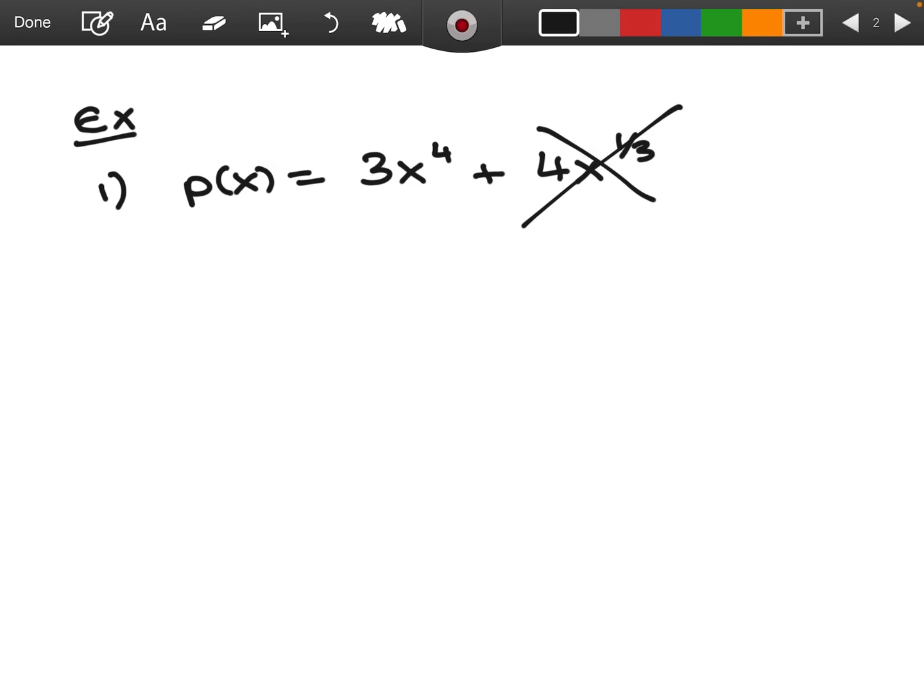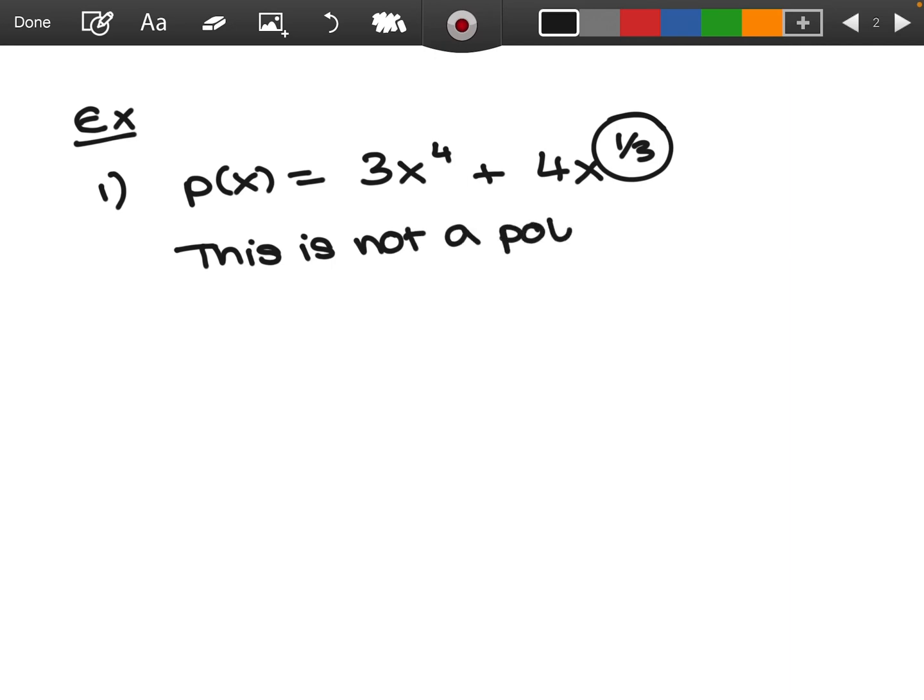I have something of the form constant times x to a non-negative integer power, so that would be fine. But my issue I have is this term at the end here, where I have an exponent that is not an integer. It's non-negative, but it is not an integer. So this whole thing is now not a polynomial because I have at least one term that does not fit our description.